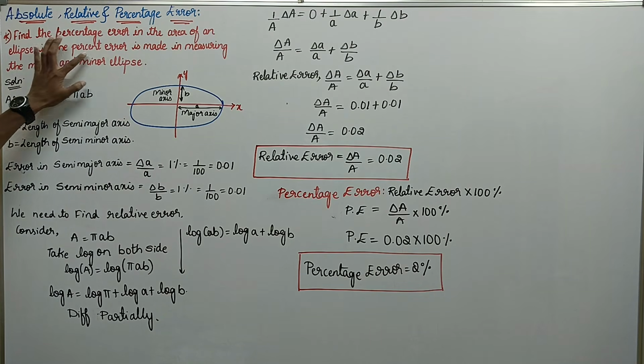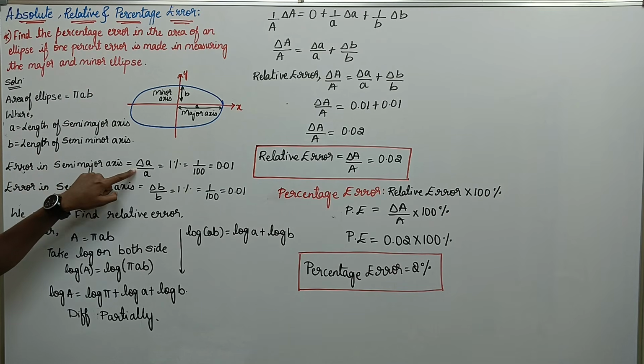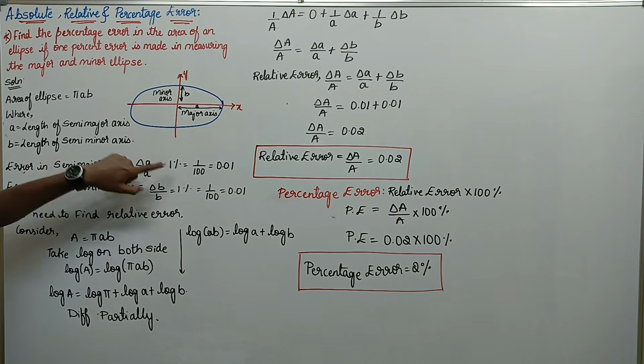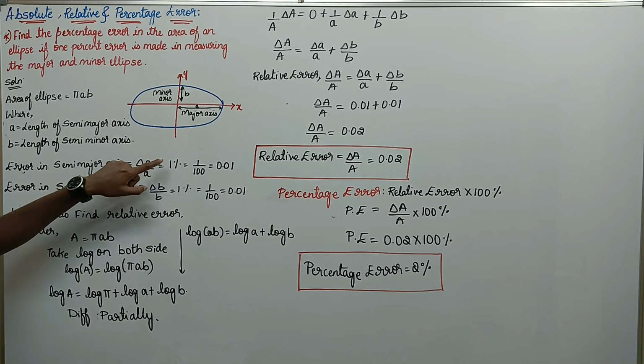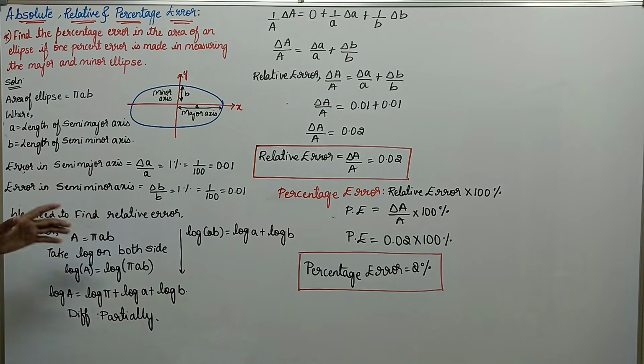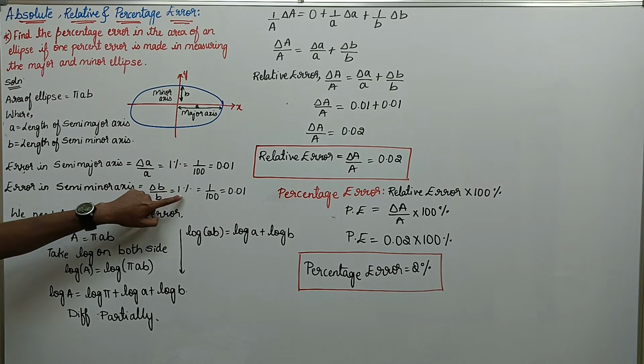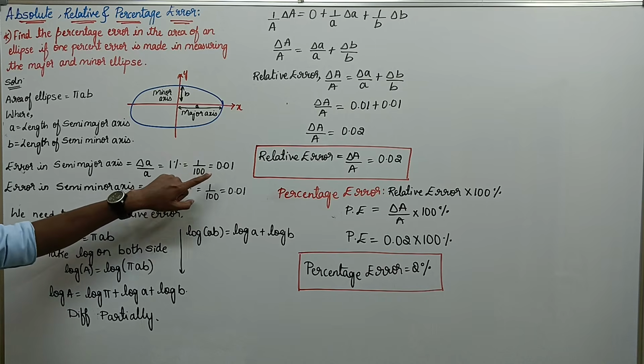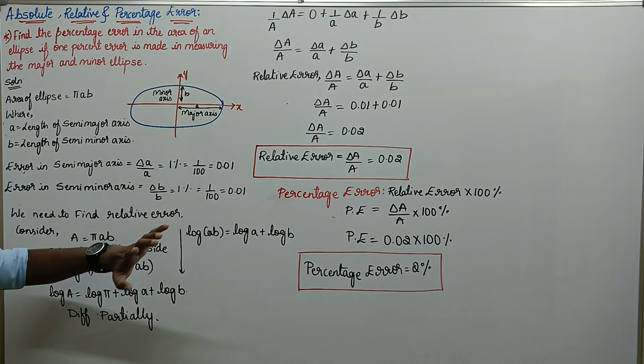They have asked for 1% error. The 1% error in the semi major axis is represented by del a by a, that is 1%. Since I need to represent it in the form of del a by a, I represent it as 1 by 100, which is equal to 0.01. Similarly, the error in the semi minor axis is del b by b, which is again 1%, that is 1 by 100, equal to 0.01.